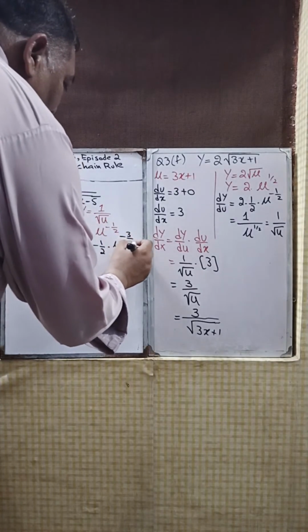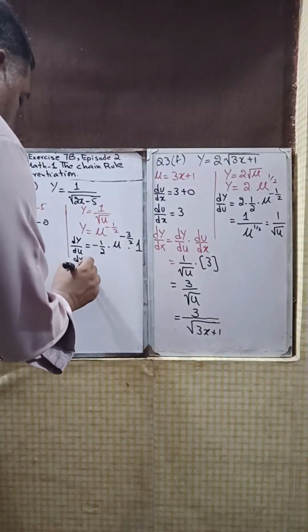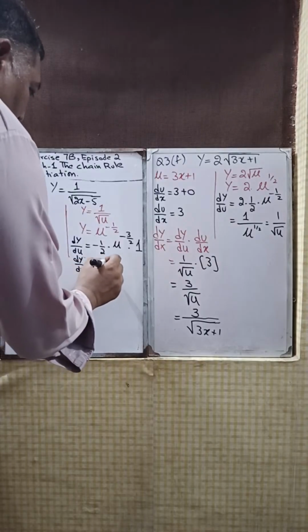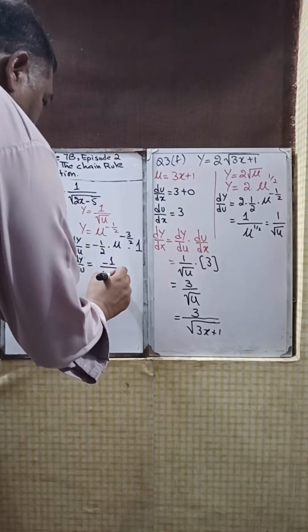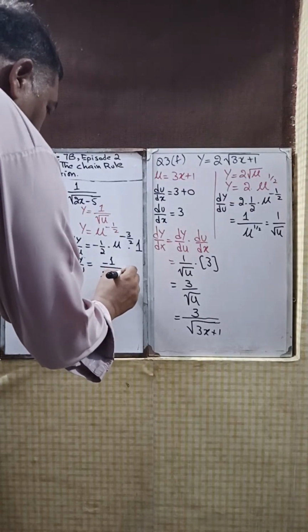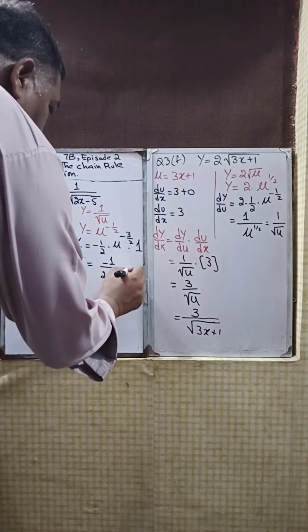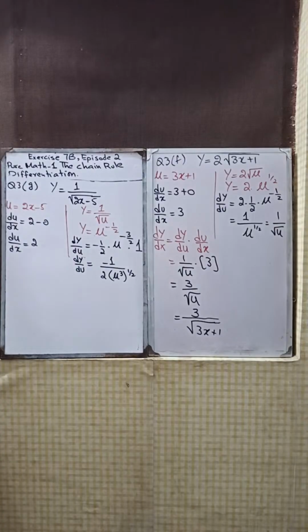You can do it on your calculator, then u's derivative is 1. So dy by du will be equal to minus 1 divided by 2, and this will be u cubed raised to the power 1 by 2. You see, its difficulty level is a little higher.